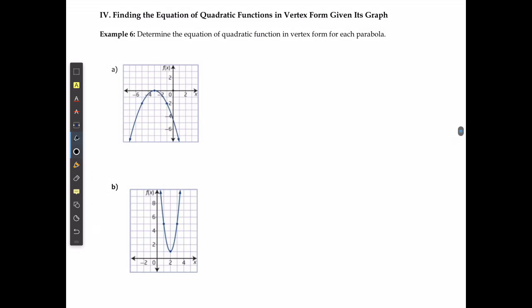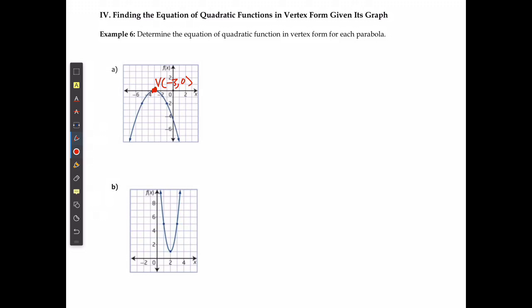Finally, when we're finding the equation of quadratic functions given its graph, we're going to use the exact same skills we used in the last page. We're just going to look at the graph to find the points for ourselves. So, I'm going to start by finding the key points. I have my vertex at the point (-3, 0).